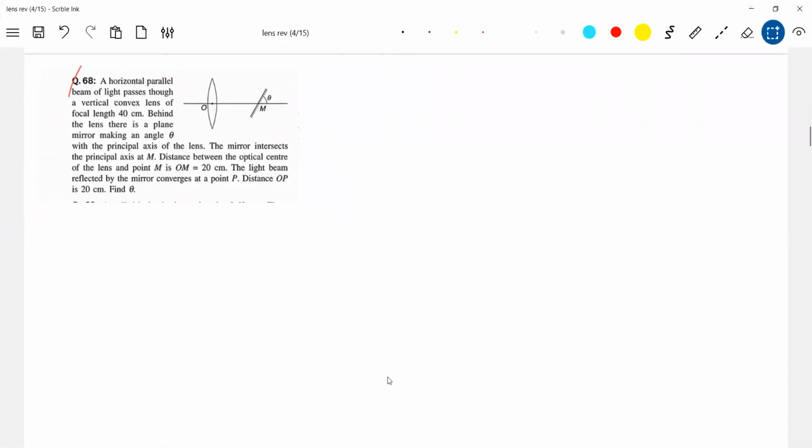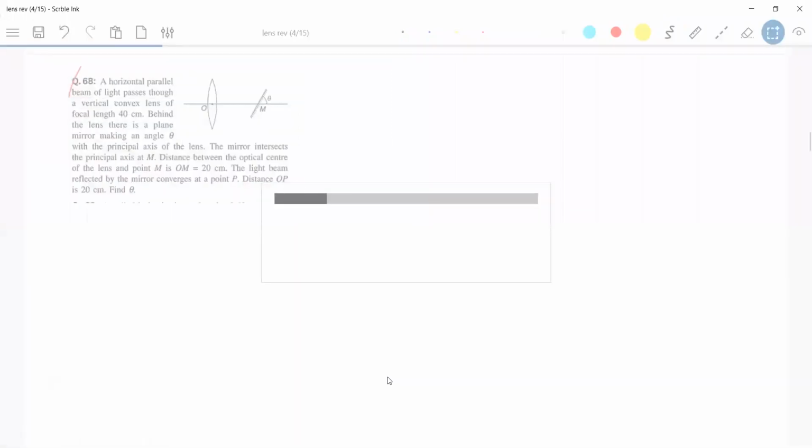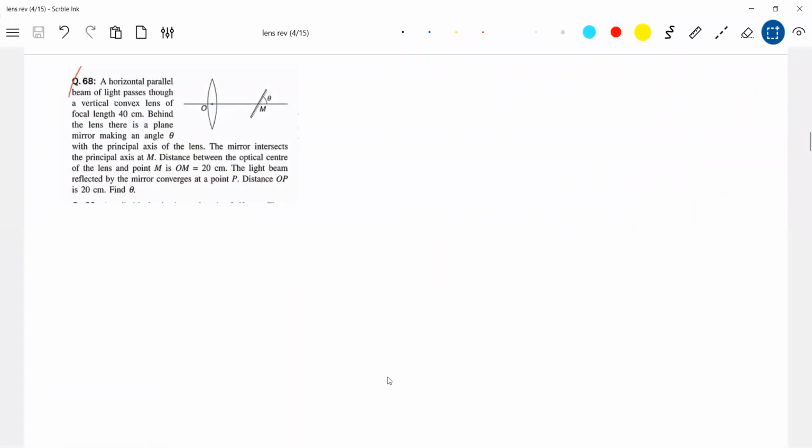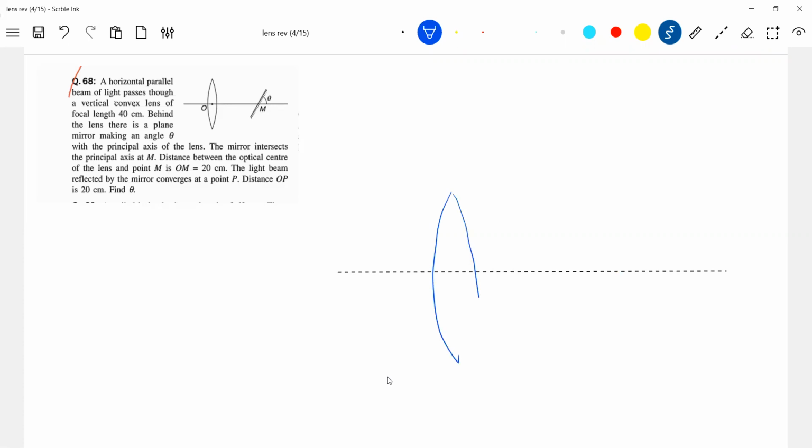Carefully, it's diagram based. Analyze carefully. Meanwhile, I'll construct the diagram. A parallel beam of rays is incident.